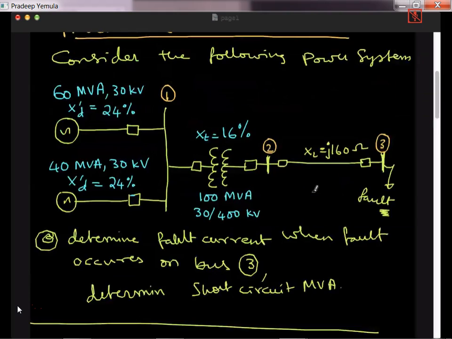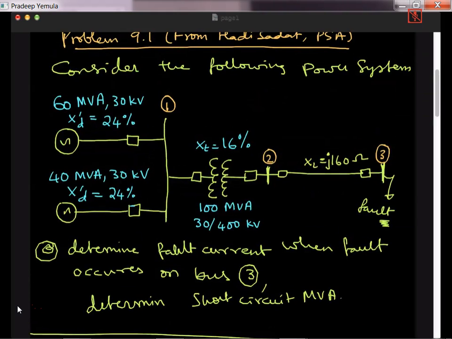So what is the first step we have to do? So first step is, you notice that here it is 100 MVA, whereas here it is 60 MVA and 40 MVA. So they are not on the same base. So therefore this 24% reactance cannot be included in the same circuit with the 16% reactance. So we have to do the change of base.